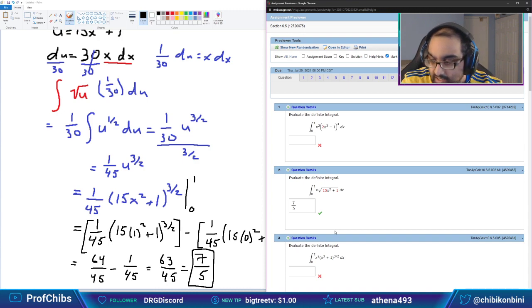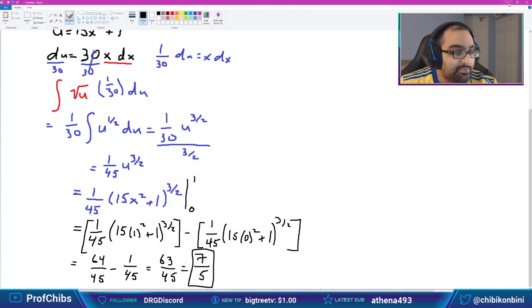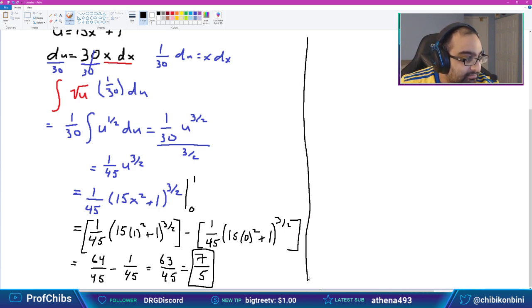While 7 over 5 is the correct answer here, that's not the only method to find 7 over 5. We use the original numbers here of 0 and 1, and that's perfectly fine. However, what is the second method here? That's method 1. Let's talk about method 2.